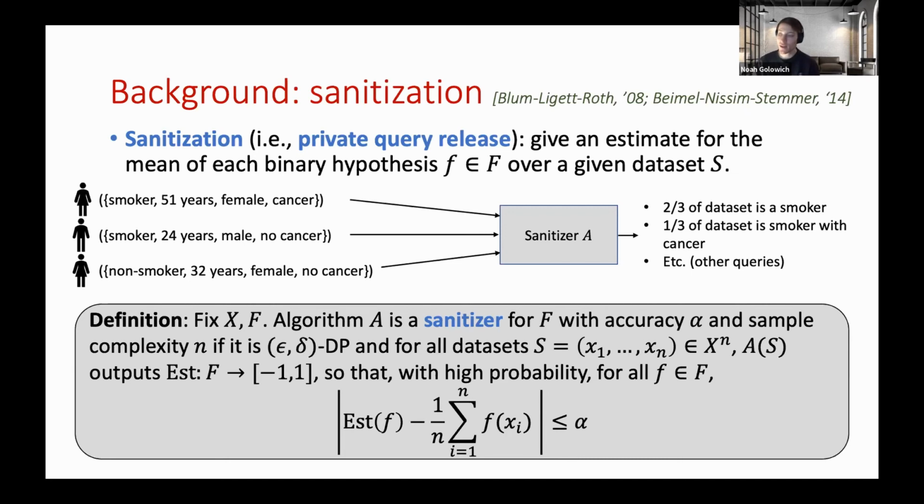And this has to satisfy, with high probability over the algorithm's randomness, that uniformly over all hypotheses F, est of F is a good approximation of the mean of F on the data set, where this approximation is an additive approximation up to error alpha.